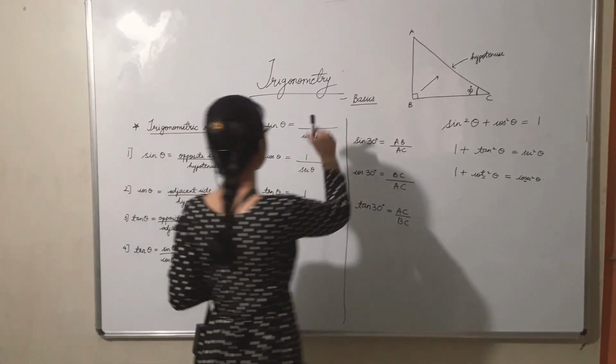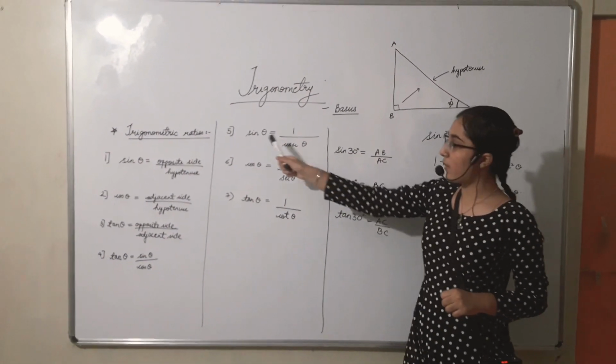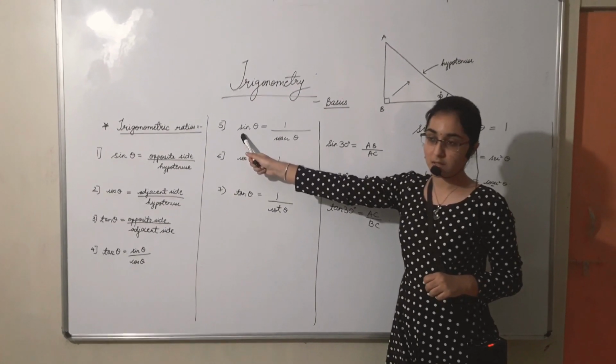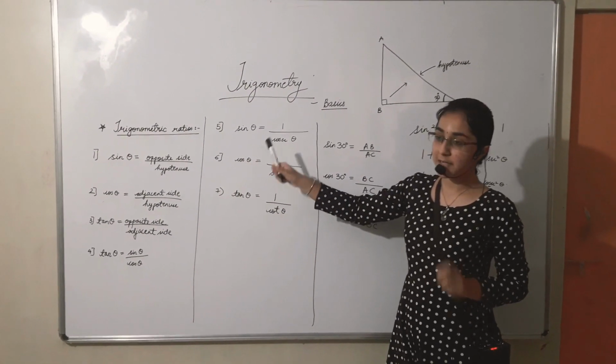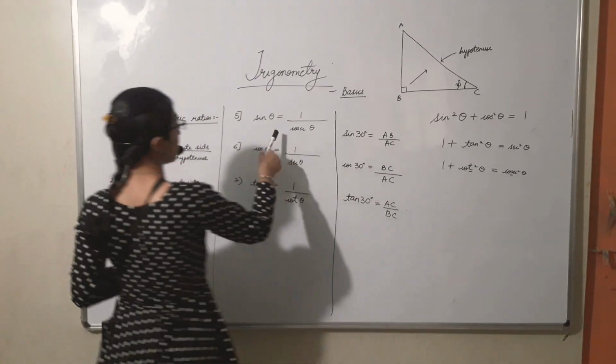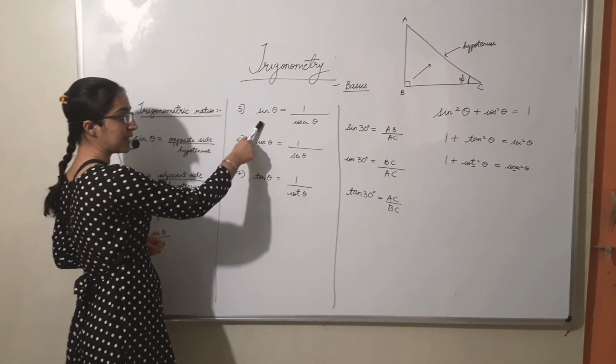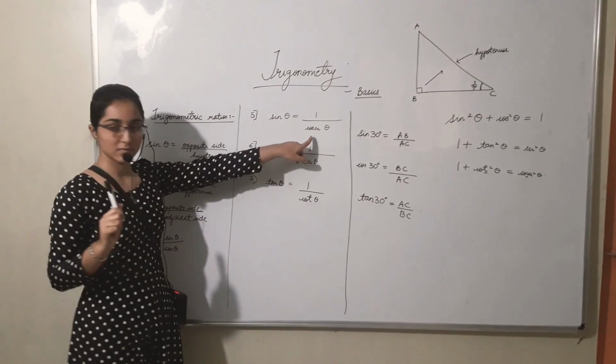Now these are the reciprocal ratios. What is the reciprocal of sin theta? I told you, whenever we say reciprocal of sin theta, you will say cosec theta. So sin theta is reciprocal of cosec theta.